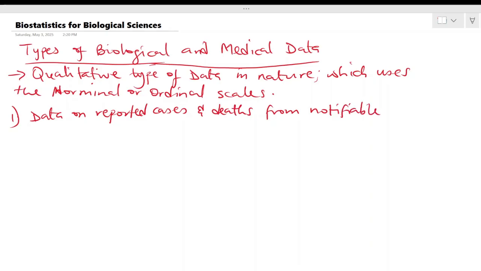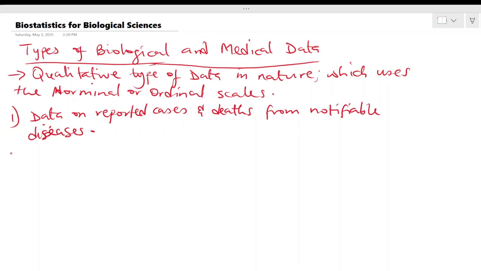That's one type of data that is collected in biological and medical research.